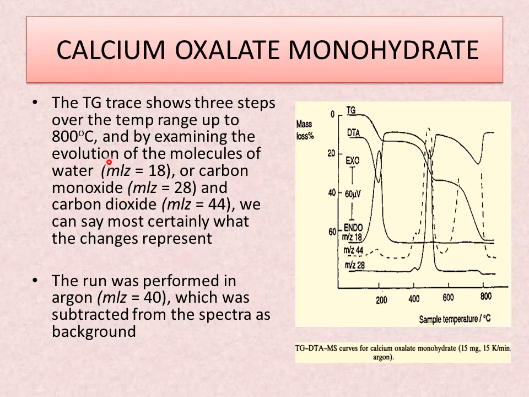These are the 3 expected evolved vapors or gases through this process. The run was performed in an argon environment with mass to charge ratio 40, which was subtracted from the spectra as a background.